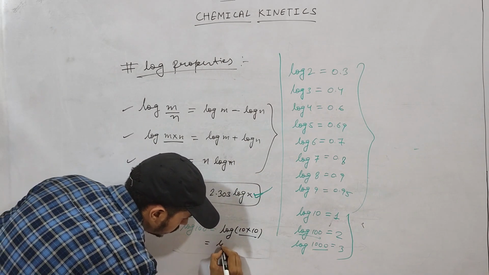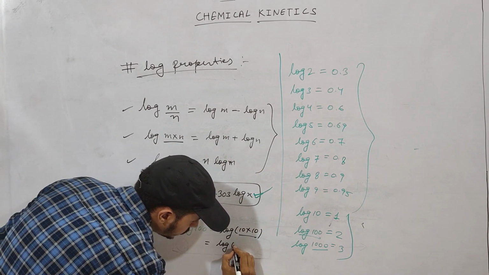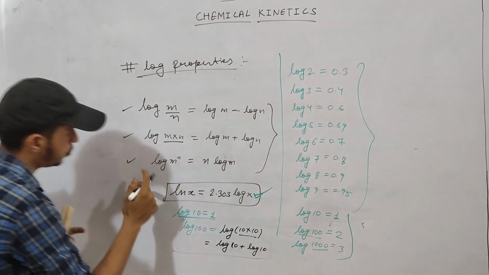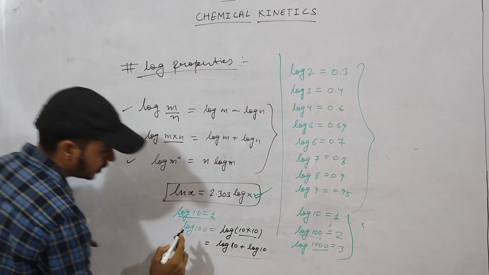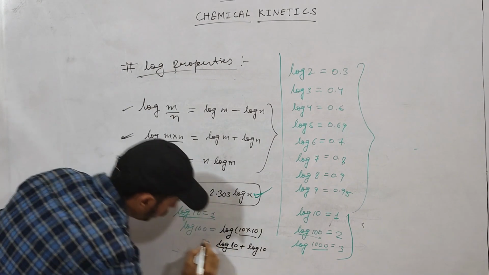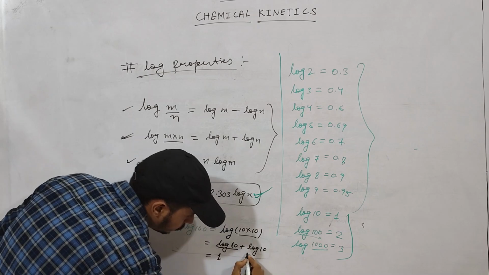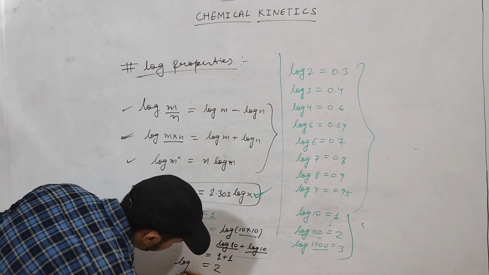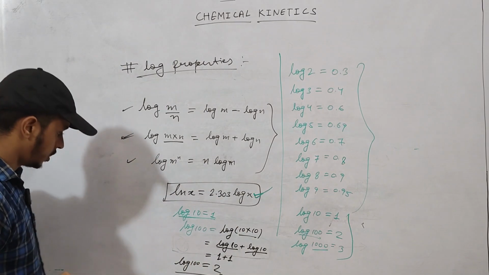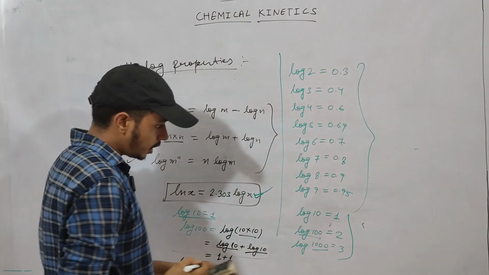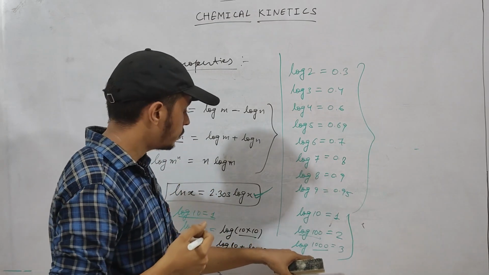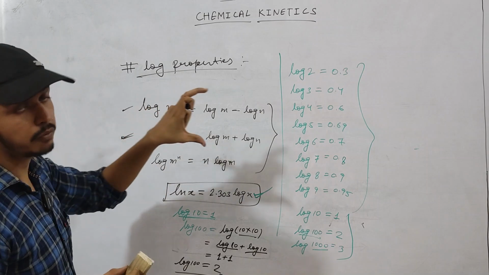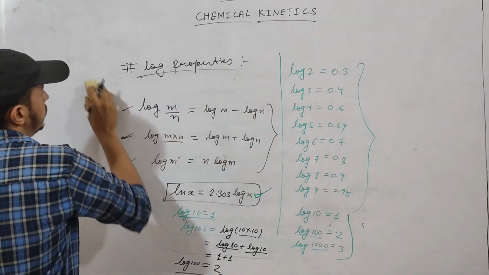So by using the property, it will be log 10 plus log 10. Now what is the value of log 10? It will be 1. And what is the value of log 10? Again it will be 1. So the answer will be 2. So log 100 value will be 2. Similarly you can calculate for log 1000. It will be 3. So these are the properties of log which are very important in the further derivations.